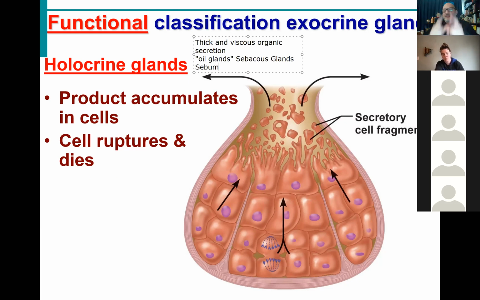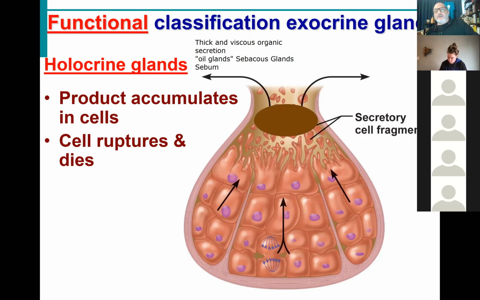All right. This is another gland, because this is very thick, very viscous, very organic. When things like hormones cause an overproduction of this substance, it can congest the gland and block the duct.